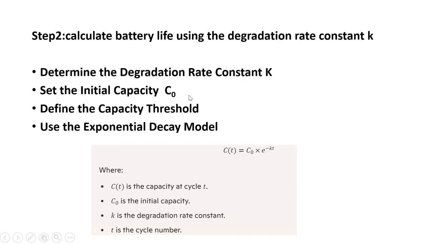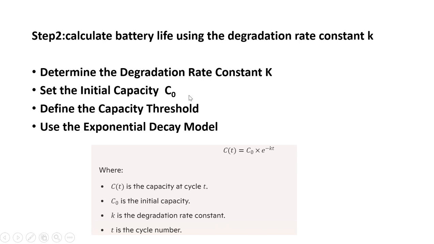So our next step is the calculation of battery life using the degradation rate constant k. First we determine the degradation rate constant k. Then we set the initial capacity C naught.